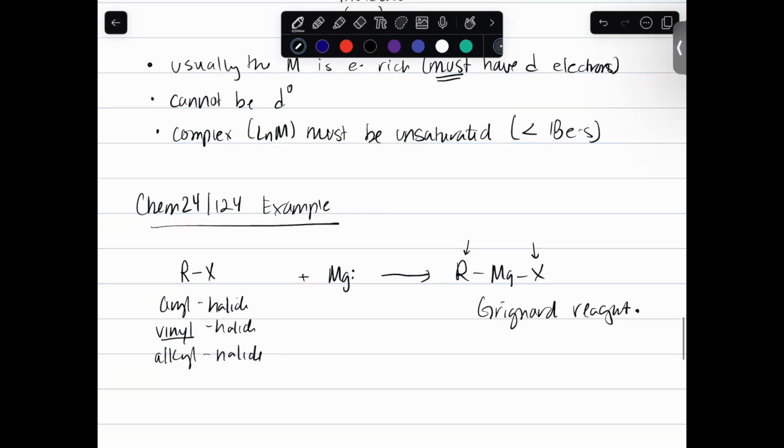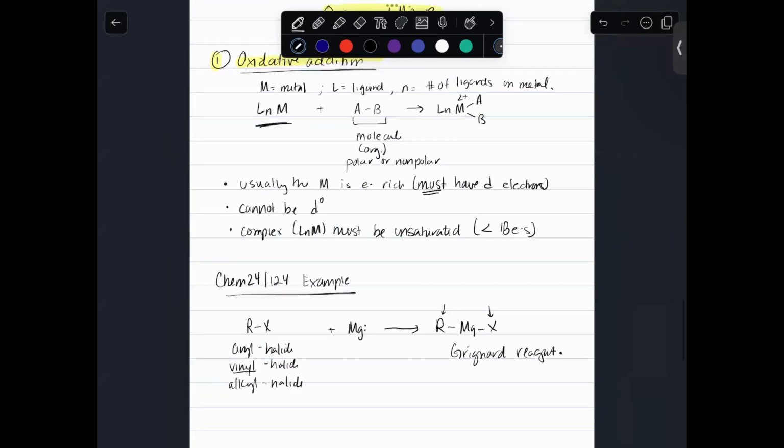Please notice how similar it looks. You come in with your metal. You've got your organic molecule. In this case, it has a dipole, so it's a polar organic molecule. And the metal inserts itself between that bond, between the R group and the halogen. This is oxidative addition.